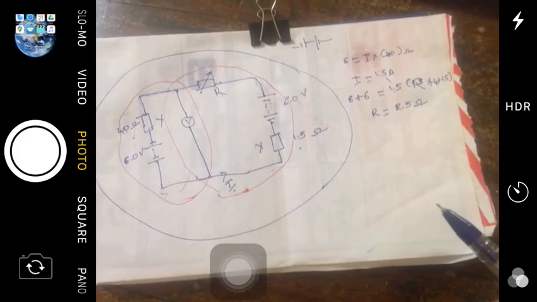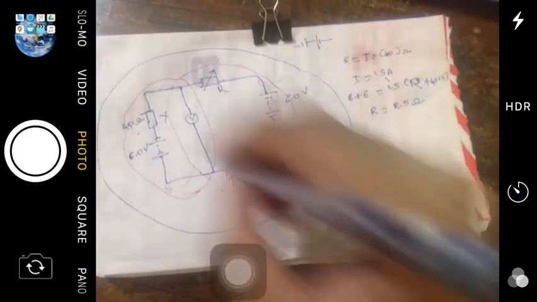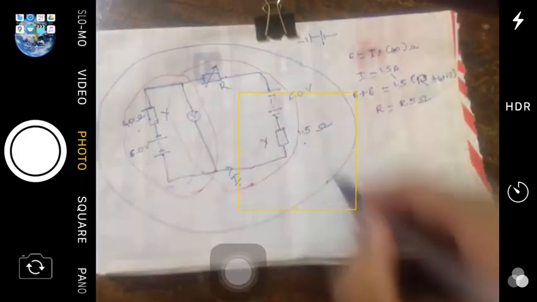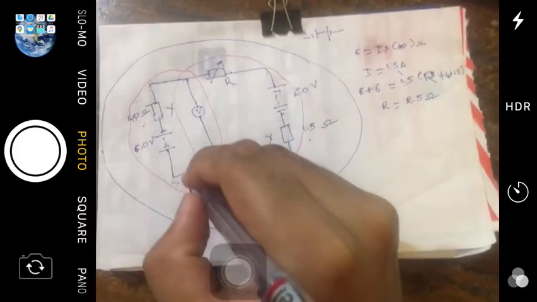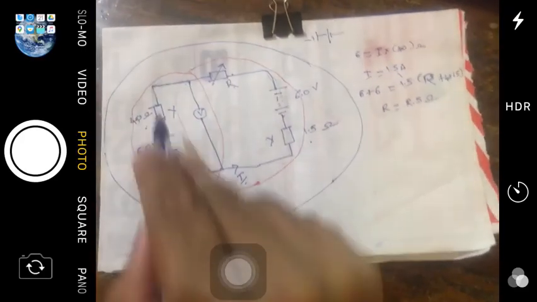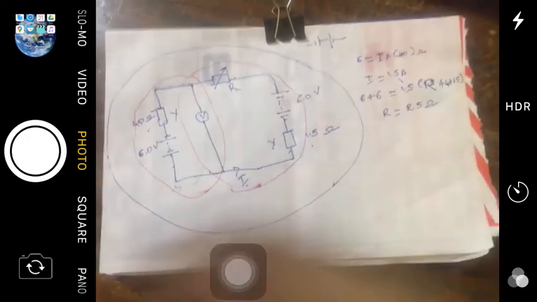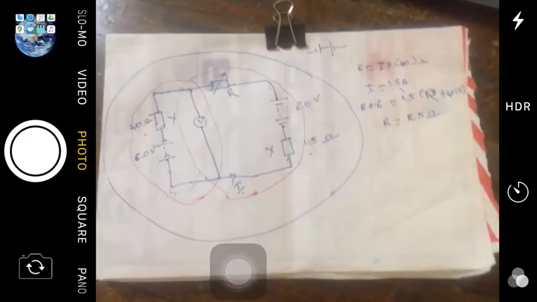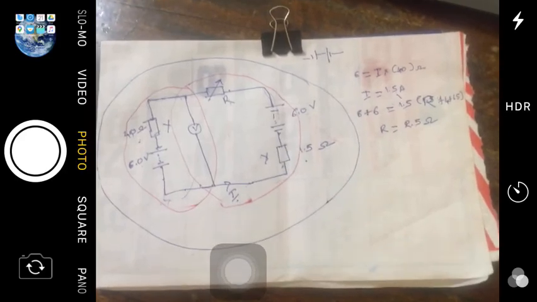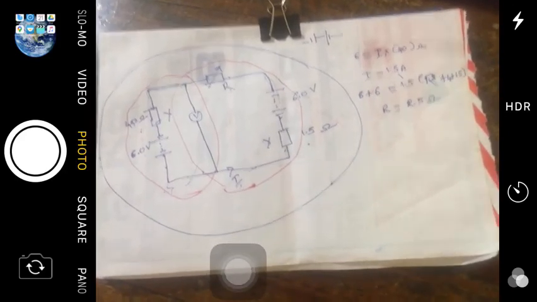There's nothing special about it, because if you replace this entire thing with just a conductor, there would be no potential difference across a conductor. There's no potential difference here and here, here and here. In a wire, assuming negligible resistance, the PD is 0.